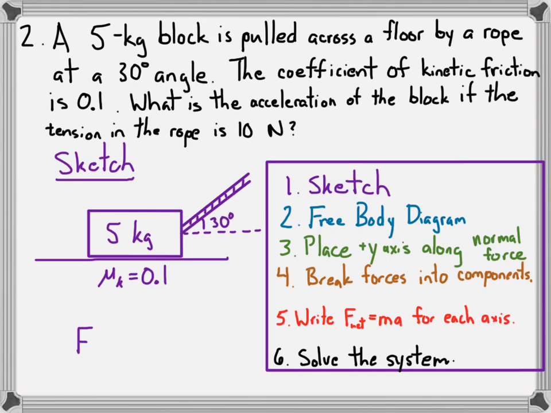It comes from the formula for kinetic friction, which says that kinetic friction force is equal to that coefficient times normal force. I also decided to draw this friction force arrow pointing against the direction of motion, because friction acts against the direction of motion.